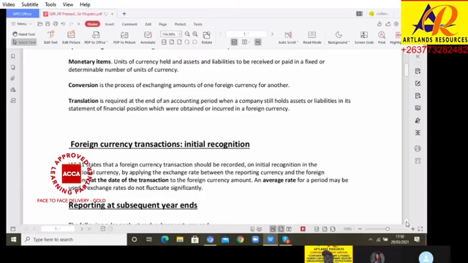However, for things like sales and purchases, you may use what is called the average rate, because there are a lot of these transactions, so you can use the average rate for the period, provided the rates did not fluctuate significantly.